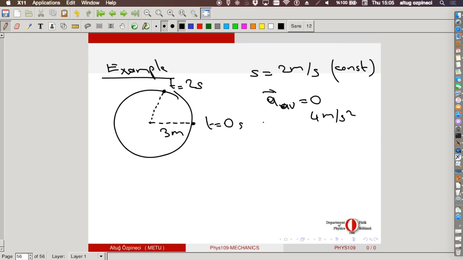Okay, towards the center. 4/3, okay. It's in the same direction, but 1 meter per second squared.